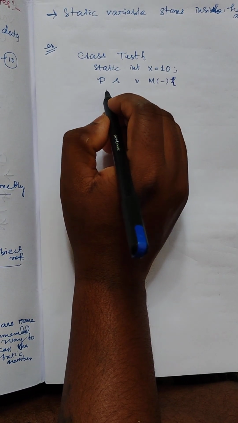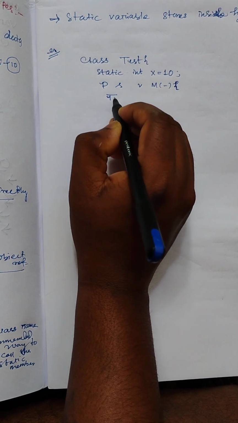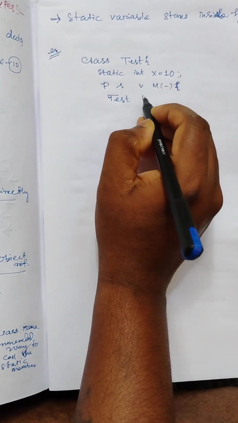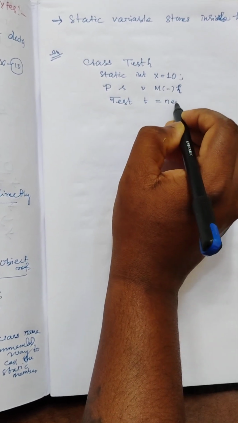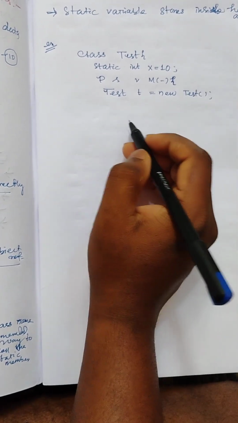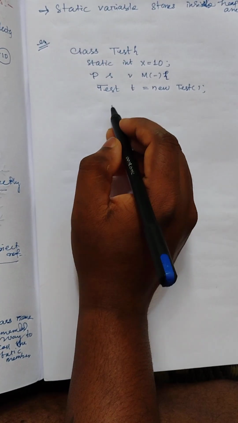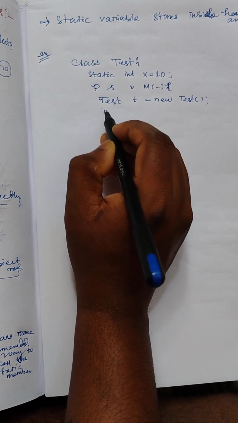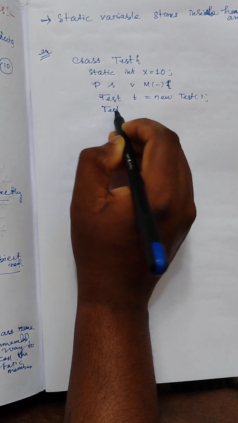Then create an object, this is the first object. Create another object also.